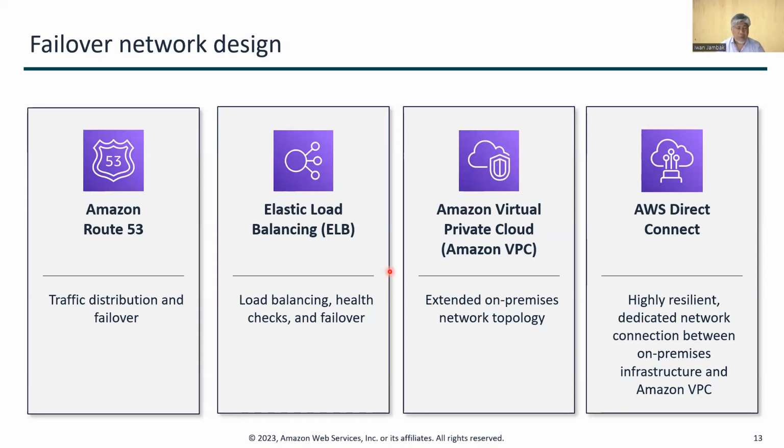Here, as we already discussed before, we can also have the failover network. We know that in Amazon Route 53, we can choose the traffic distribution that can cover the failover, where whenever it detects an unhealthy resource or unavailable resource, then it will reassign the traffic to other resource.